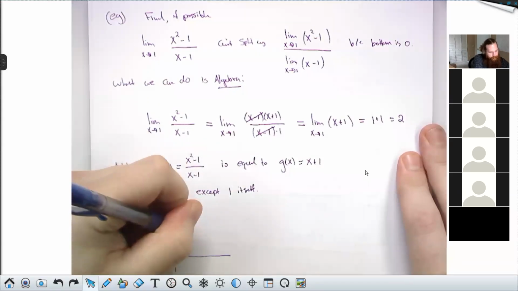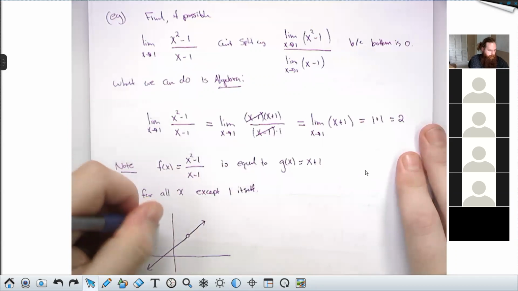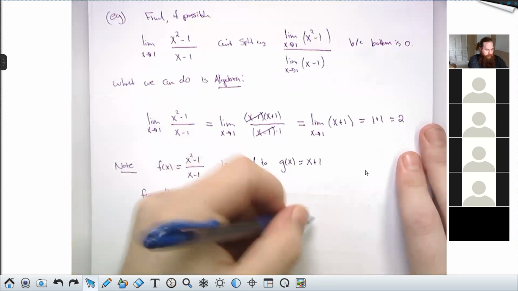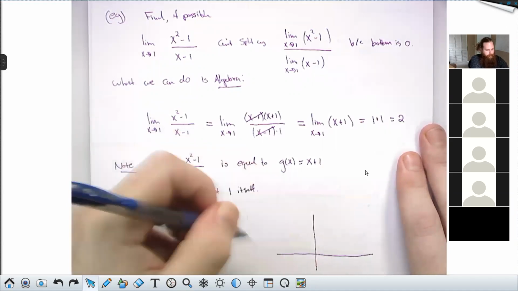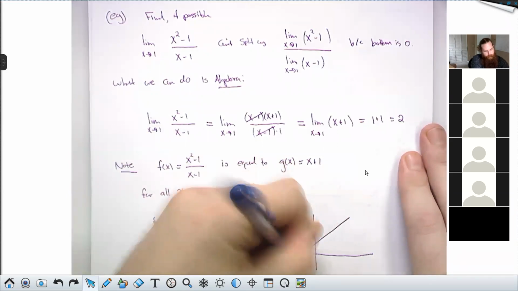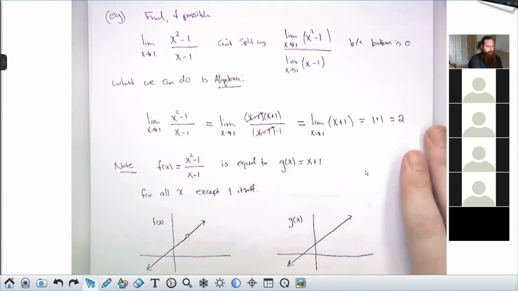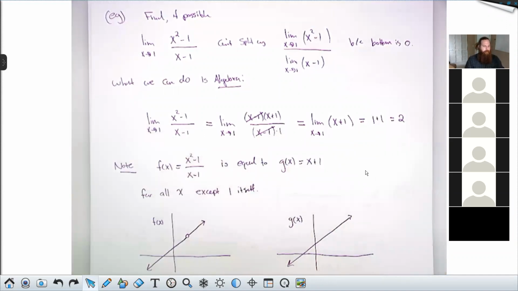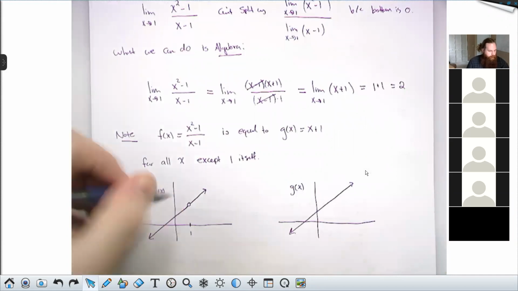If you compare the graphs of these, here's the graph of f. Here's the graph of g. The only difference is f has a hole right here at 1. So at 1, 2.